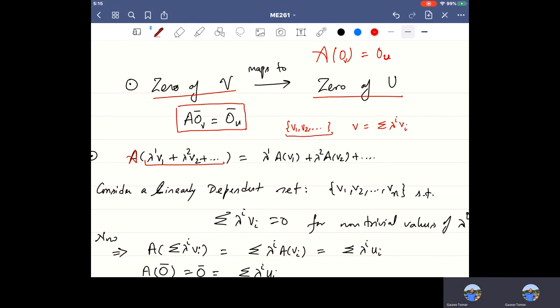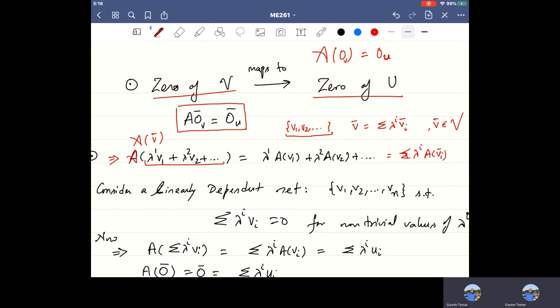It's just some set we are taking. And you can represent another vector v which belongs to the vector space V in this form. Now, the mapping A of v would look like this. It will be the summation of lambda i A of vi. That's what A of v is going to be.